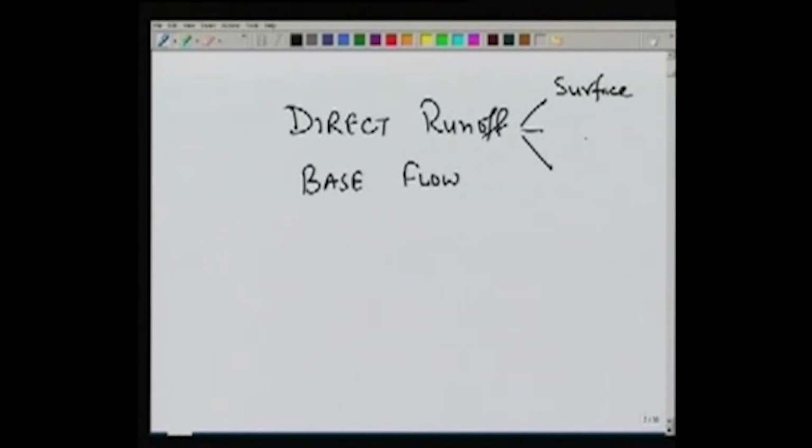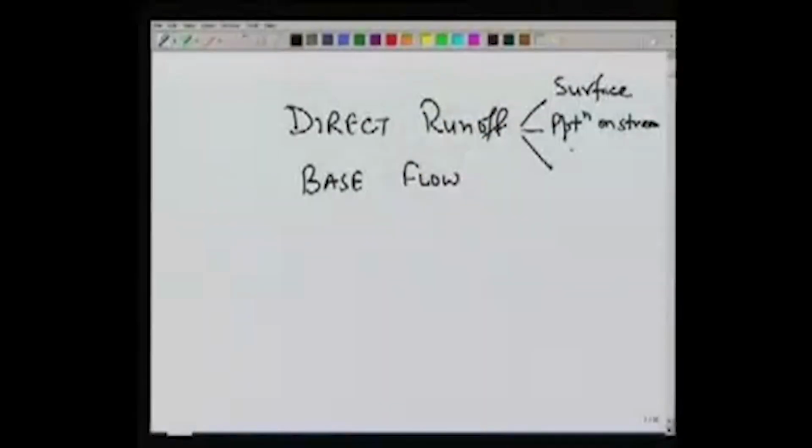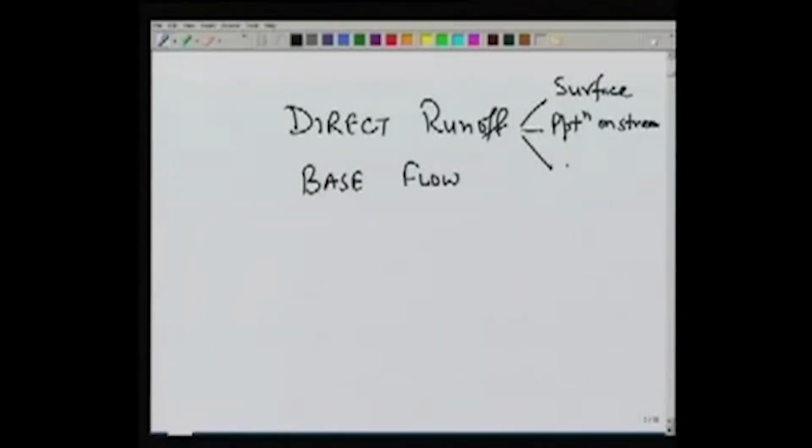There is some rainfall which occurs directly on the stream surface. So precipitation on stream, and there is some part of interflow which comes very fast back to the stream, and we can call this prompt interflow or rapid interflow.